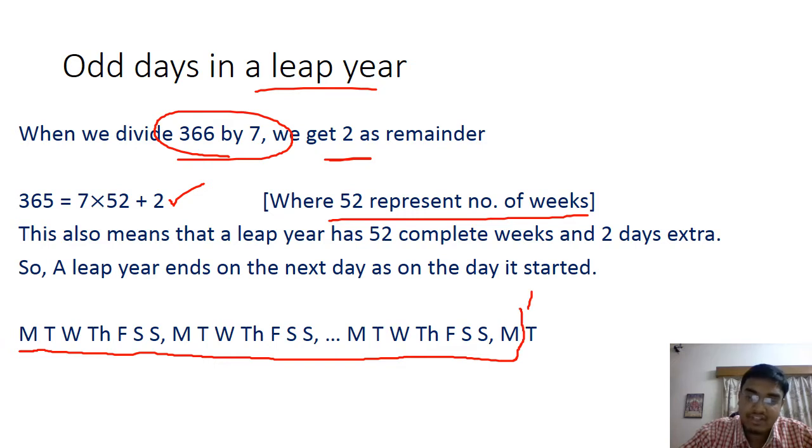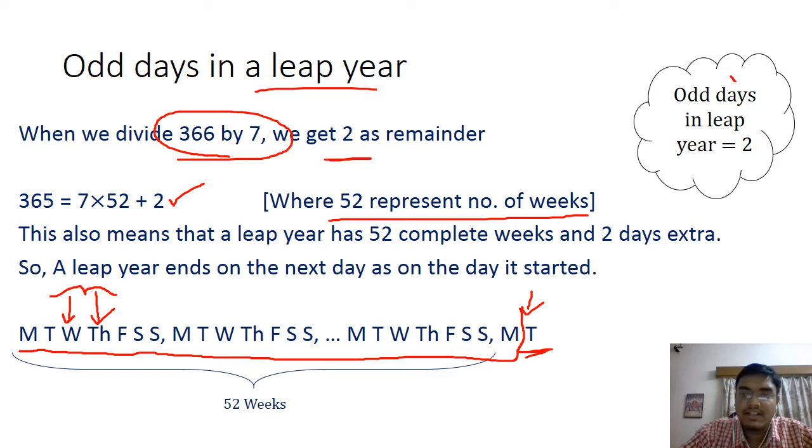But now we have 1 extra day, we have 2 days. So our year will end on Tuesday. Similarly, for example, if in a leap year, like if 1st January 2000 was Wednesday, then 31st December 2000 would have been Thursday. So it will end on the next day from which it started. So the number of odd days given by a leap year is 2.